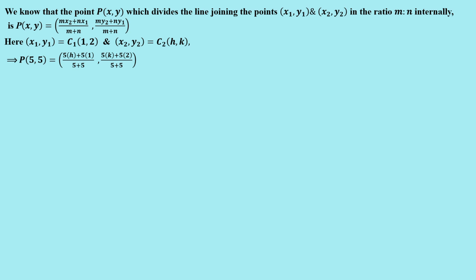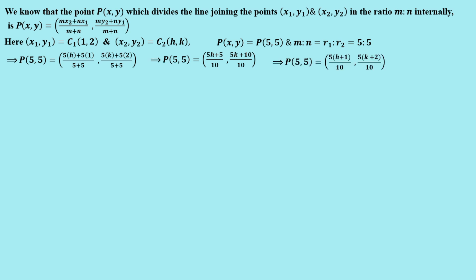Using the formula, the point of contact P, 5 comma 5, is equal to (5 into h plus 5 into 1) by (5 plus 5), comma (5 into k plus 5 into 2) by (5 plus 5). So P, 5 comma 5, is equal to (5h plus 5) by 10, comma (5k plus 10) by 10.